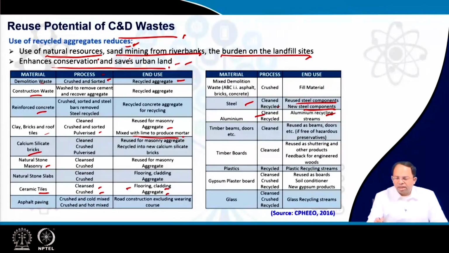Aluminium, exactly the same, we can recycle it completely. Then the reused beams, doors and timber, wooden beams and doors, could be cleaned and reused directly, right? And then some plastics could be put into the plastic recycling streams. The glass could be cleaned, crushed, recycled, and then we can have glass recycling streams as well.